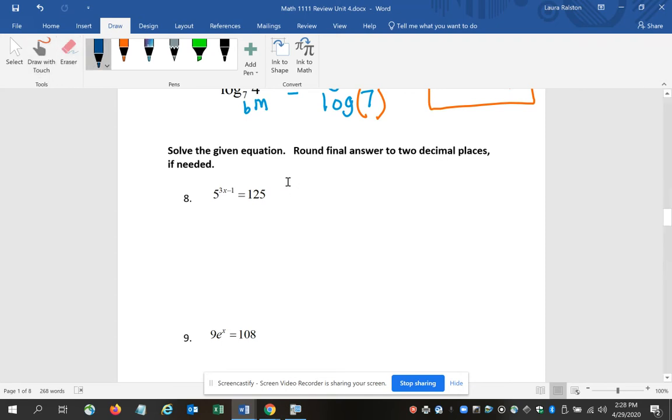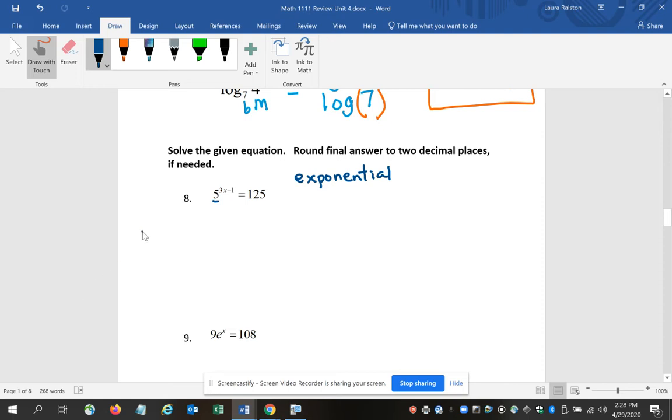Okay, so this is an exponential. And to solve an exponential, we use a logarithm of the same base. So I notice that my exponential has a base of 5.